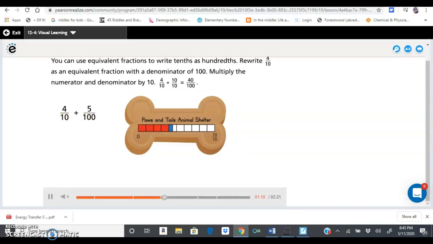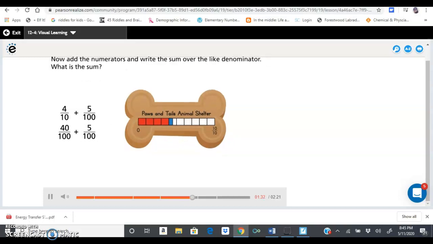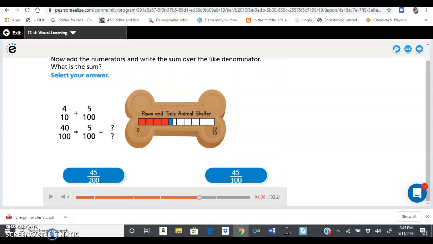You can use equivalent fractions to make tenths. Well, 40 plus 5 is 45, and I know that my denominator stays the same, so 45 hundredths.